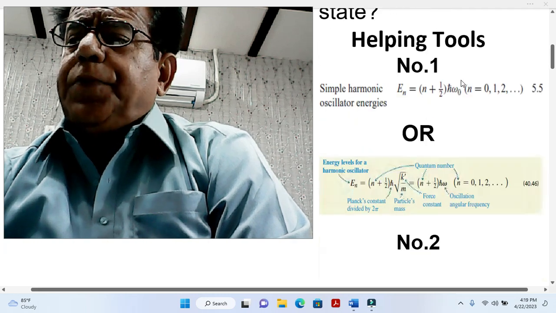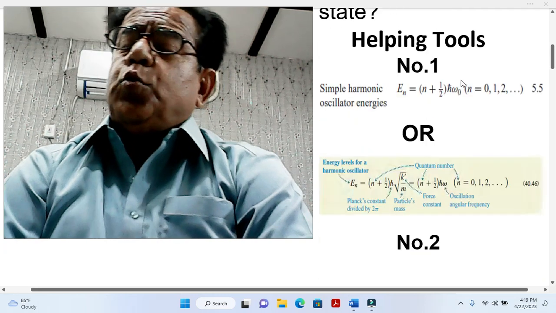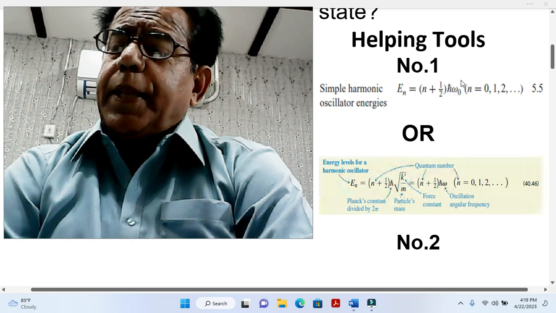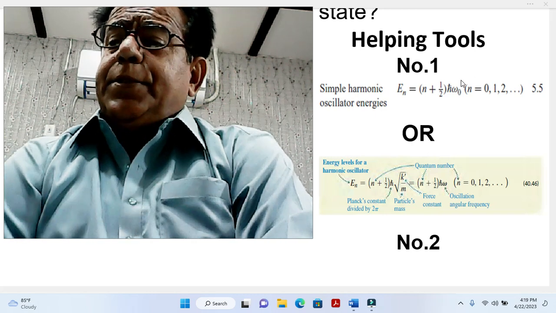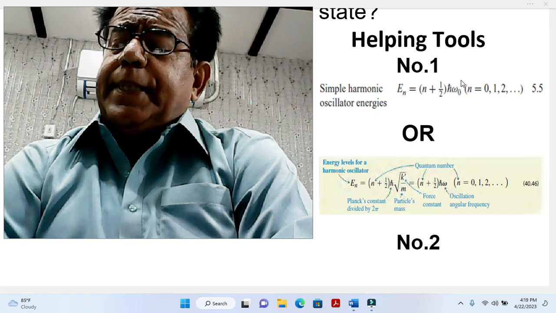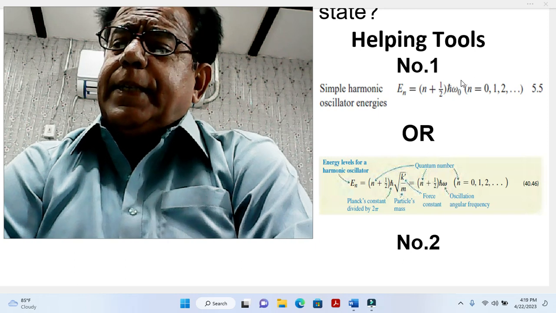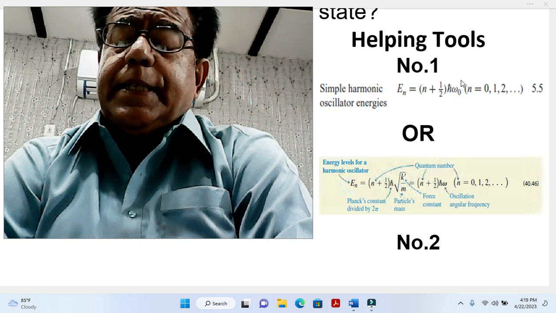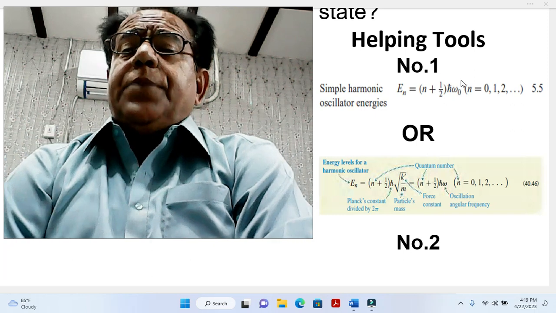As usual, we first come to helping tools. Dear students, helping tool number 1 has been shown in two versions.